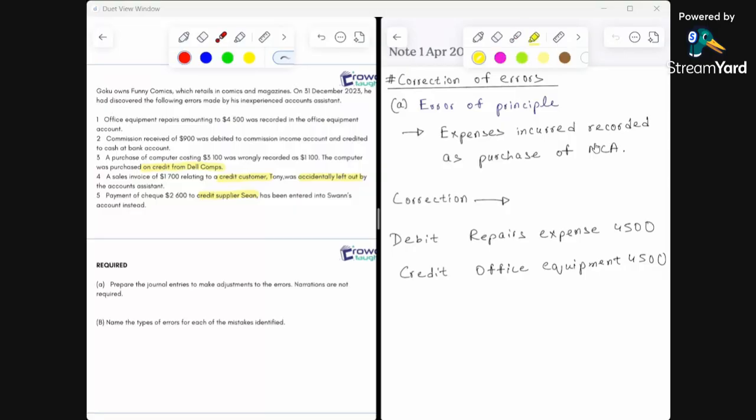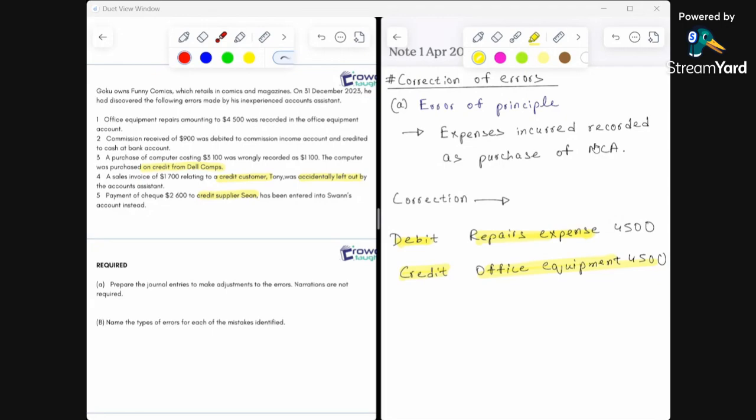And how do we reduce it? We credit the office equipment account, because office equipment, as we understand, is a non-current asset account. And when non-current assets are reduced, we credit it. Okay? And what do we debit it? We debit the repairs expense, because expenses by default, whenever they're incurred, are always debited.